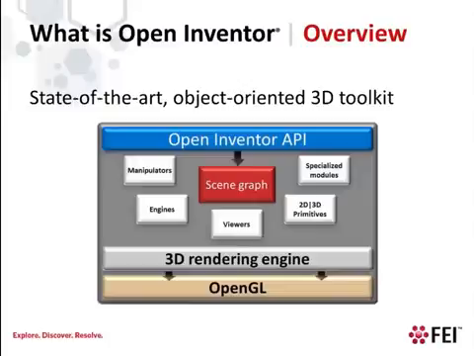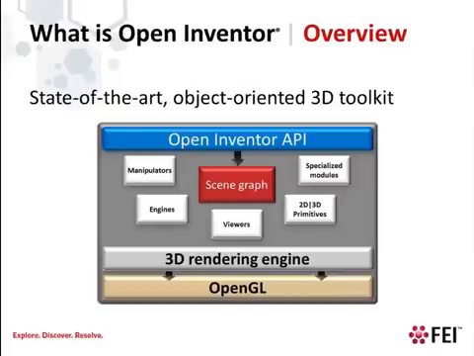Open Inventor provides a high-level framework called the scene graph for defining the objects and attributes in the 3D scene. It provides a 3D rendering engine with very high performance and state-of-the-art algorithms for maximum image quality. It also provides an extensive set of built-in components for managing your data, viewing, and directly interacting with the 3D scene.